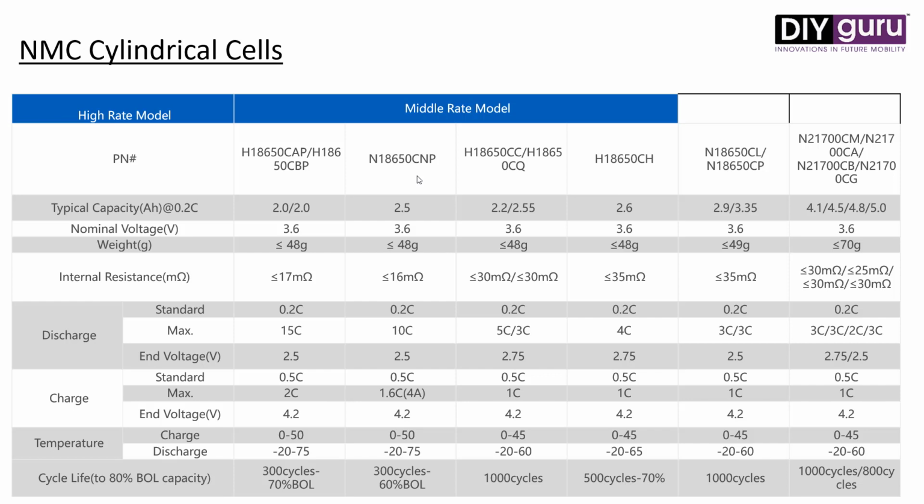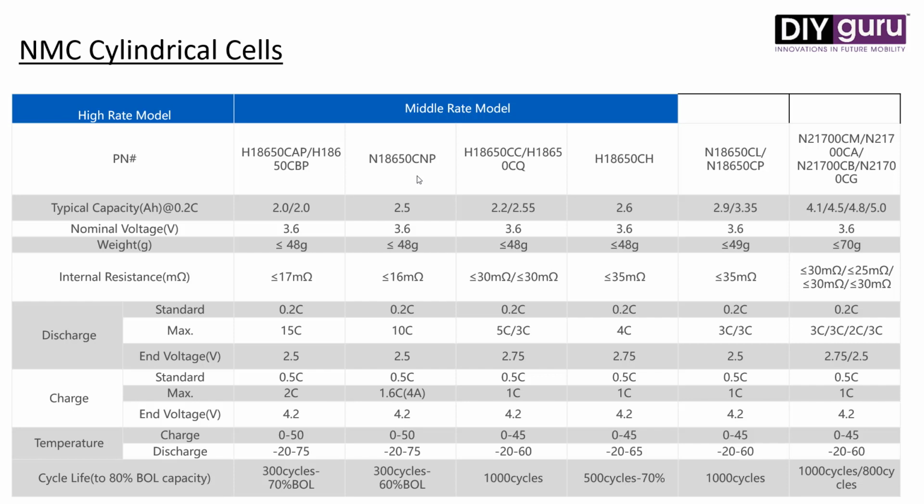Whether we talk about 18650 or 21700, the nominal voltage is 3.6 volt. The weight ranges from 48 gram to 70 gram. Internal resistance is again variable. It starts from 17 milliohm and can go as high as 30 milliohm in case of 21700 cells.